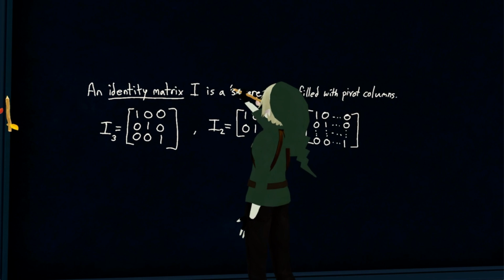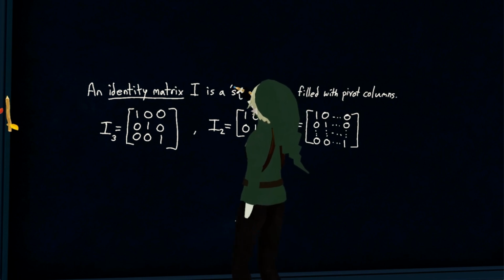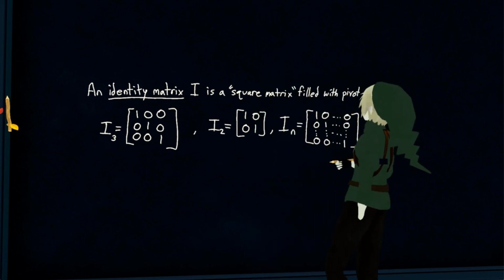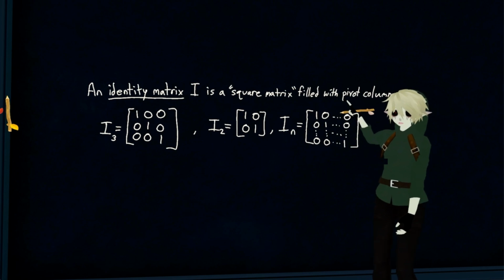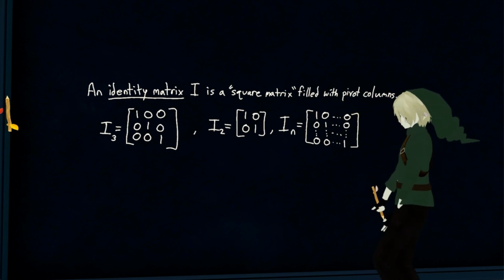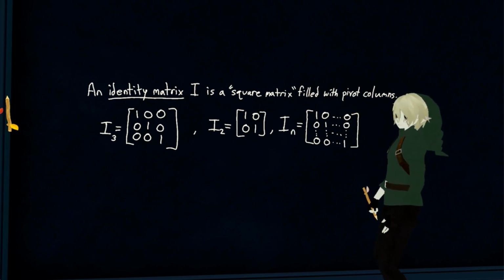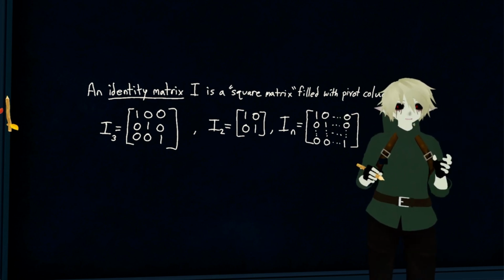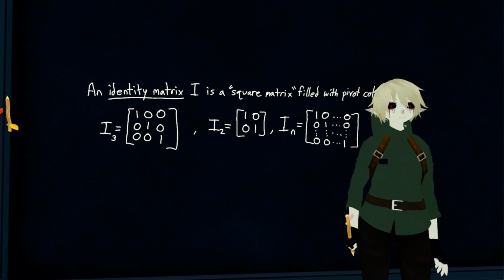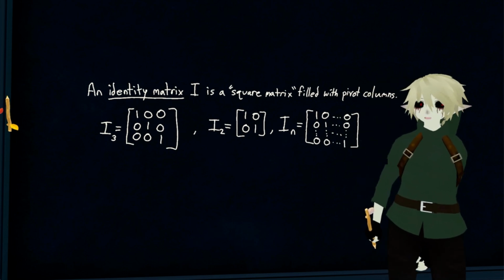It must be a square matrix filled with pivot columns. So this is called an identity matrix. Okay, zero matrix, identity matrix. You're going to see that a lot throughout the linear algebra course.